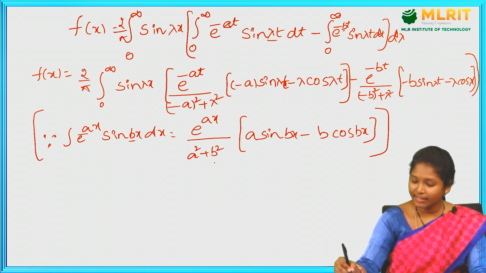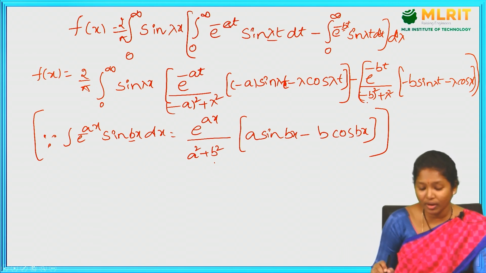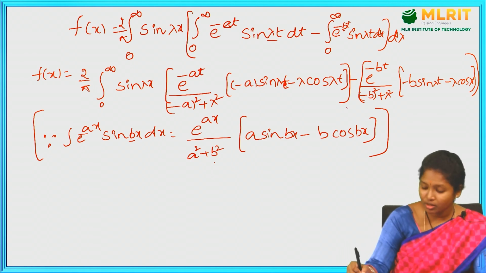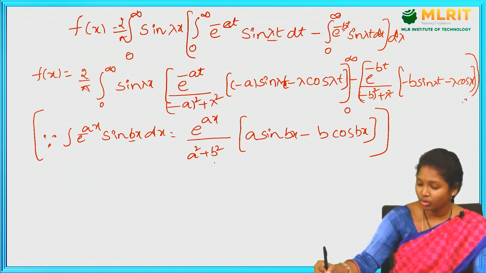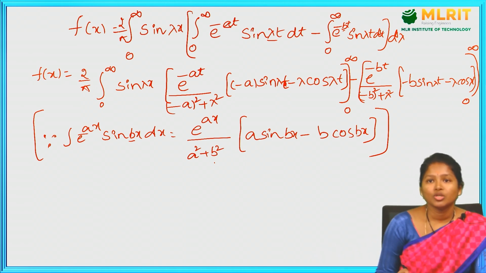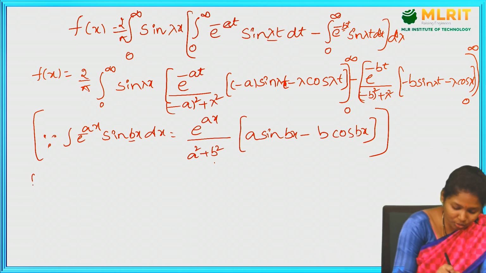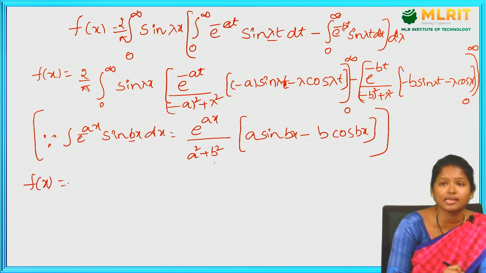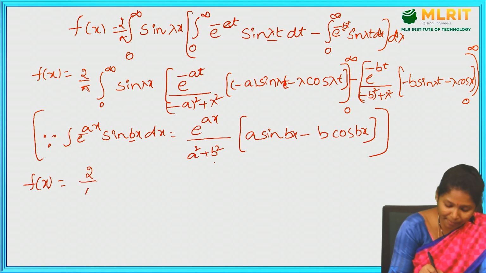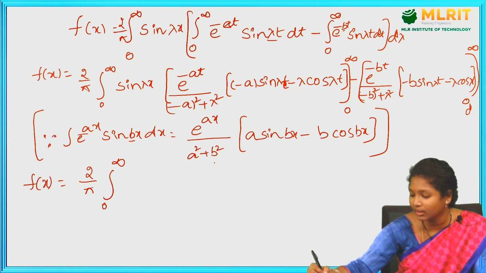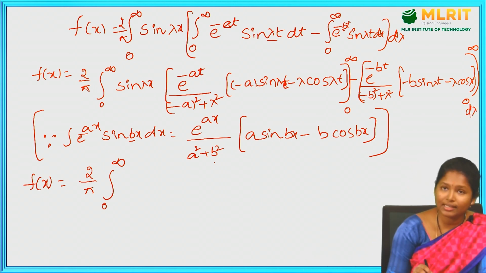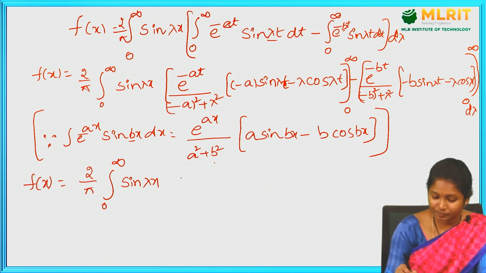So just we are integrating, right? So now we have to substitute limits also, right? So limits are 0 to infinity. So we will substitute the limit, we get f of x equal to 2 by pi integral 0 to infinity, here d lambda term also there. So integral 0 to infinity sine lambda x.